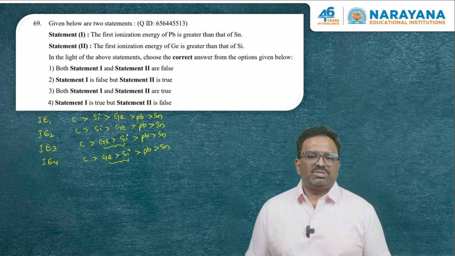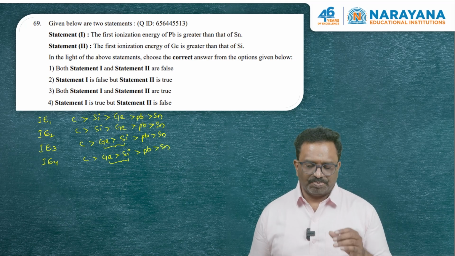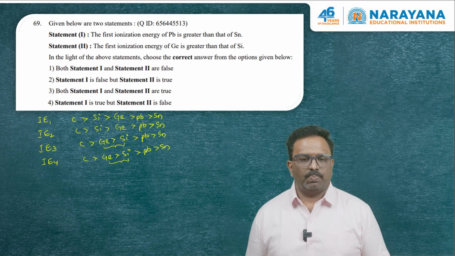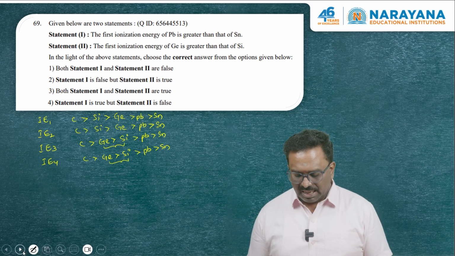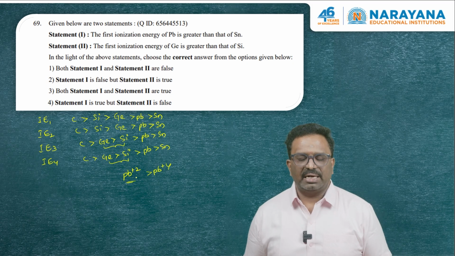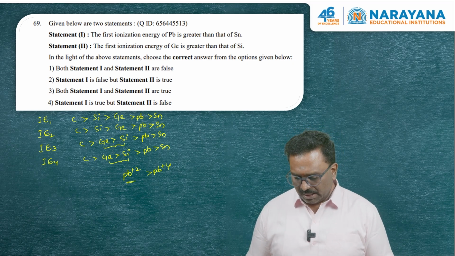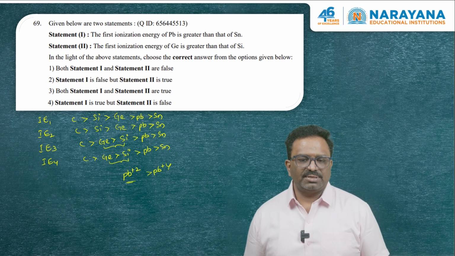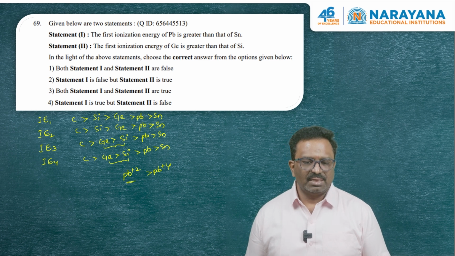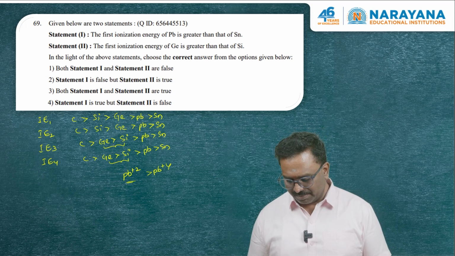Very important feature here we can identify: lead, even though it is a 14th group element, Pb plus 2 is more stable than Pb plus 4. So when we see second and third ionization energies, relatively more difference in second and third ionization energy is observed in case of lead, which reflects the more stability of plus 2 state.